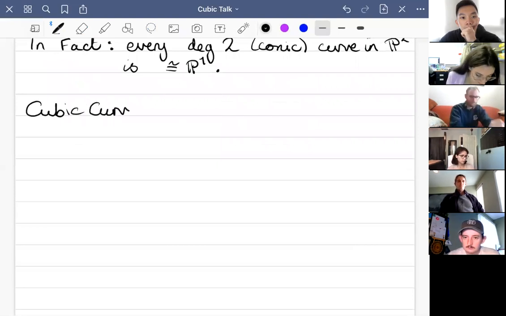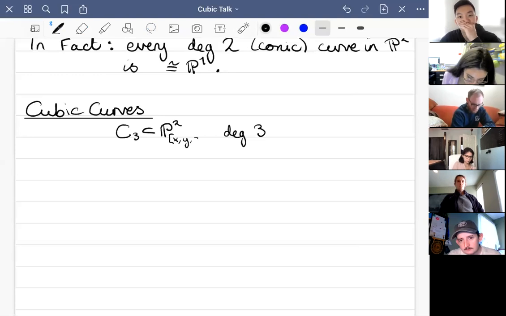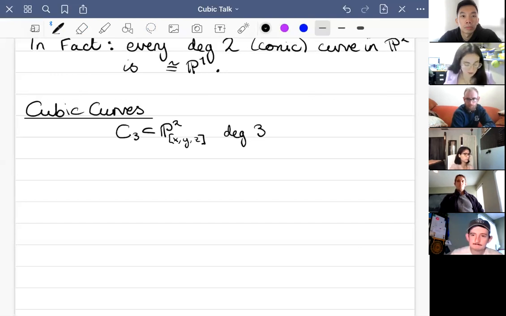Okay, so cubic curves. So again, a cubic, maybe I'll just write a subscript 3 for now. This is just given by a degree 3 polynomial in 3 variables. I'm going to change my coordinates to just x, y, and z instead of x0, x1, x2. If you write down a degree 3 polynomial, you have lots of monomials, and a complex coefficient in front of each one.